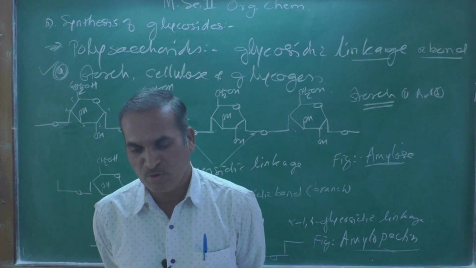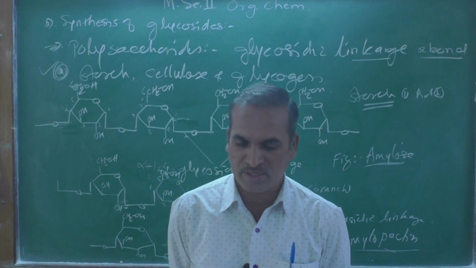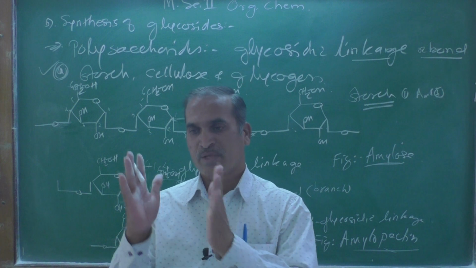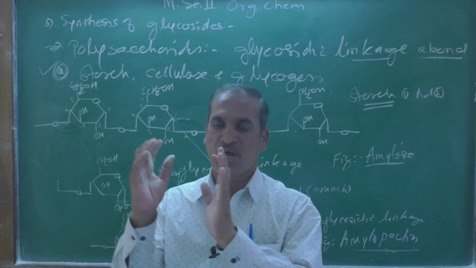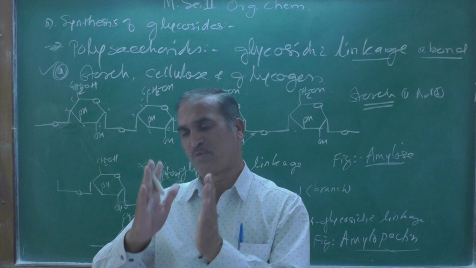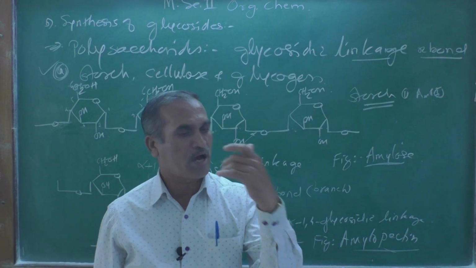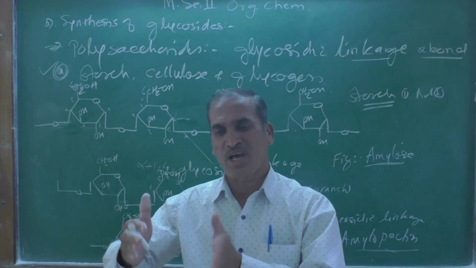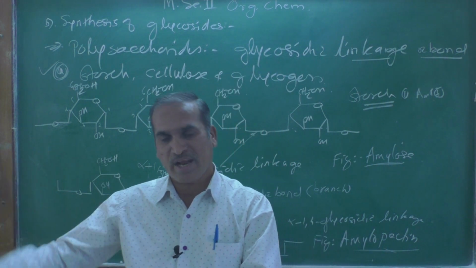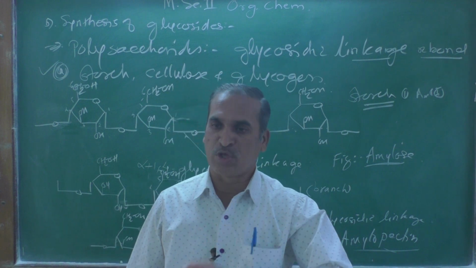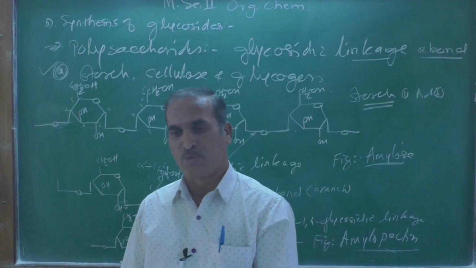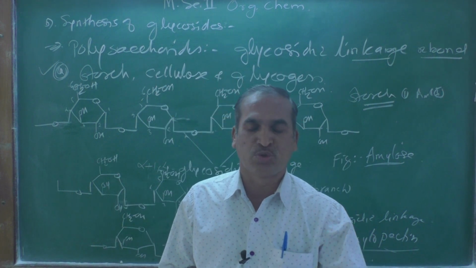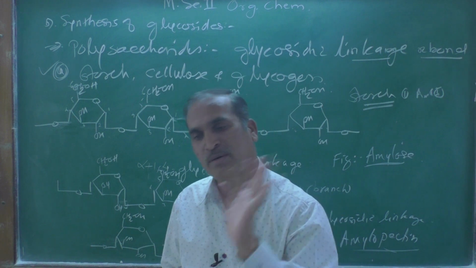Draw the Haworth formula of alpha D galactose and beta D galactose. As we know, for the Haworth formula, you first draw the structure as a Fischer projection formula, then convert it into a Haworth projection formula. It's very simple. Those groups which are lying on the right hand side go below the plane, and those groups which are lying on the left hand side go above the plane.